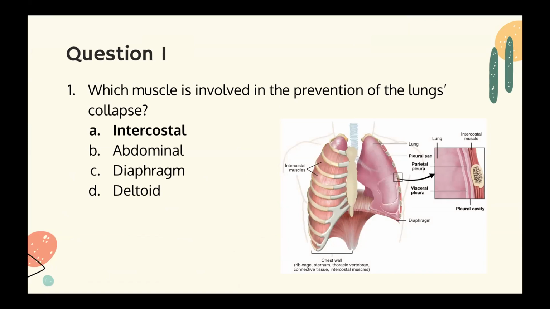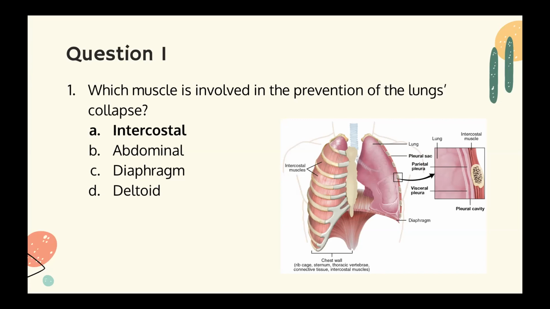The MCAT does require you to know the different types of muscles and their functions. So the lungs naturally want to recoil. To stop this from happening, it has to be attached to the ribs. And this is where the intercostal muscles come to play. They attach the lungs to the ribs so that the lungs won't collapse.